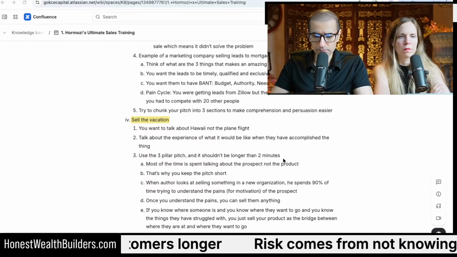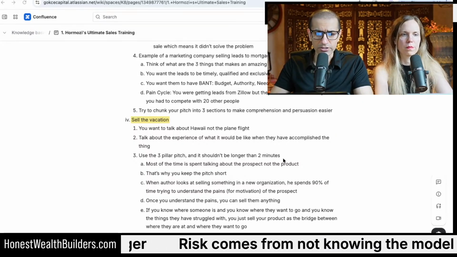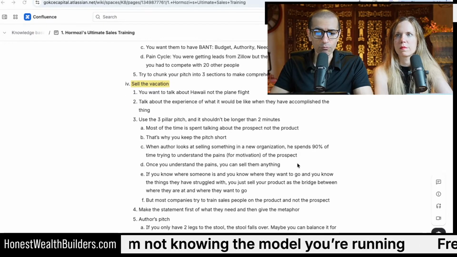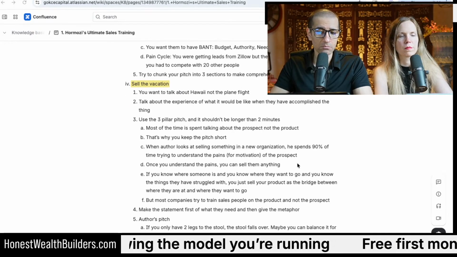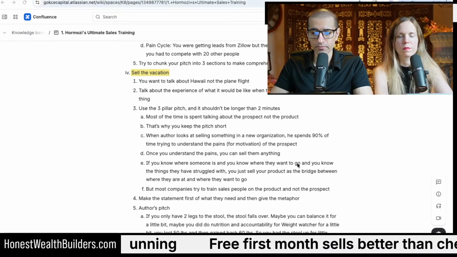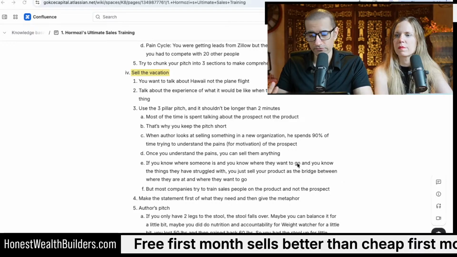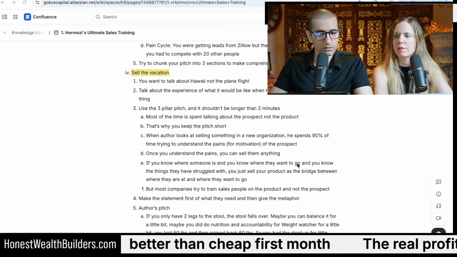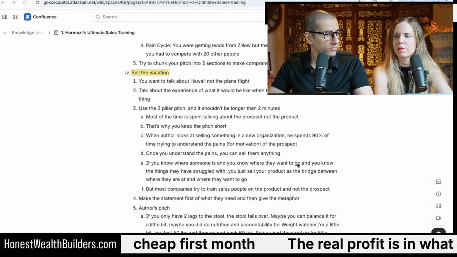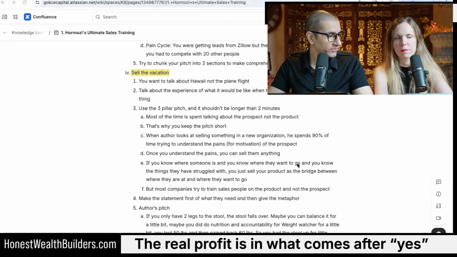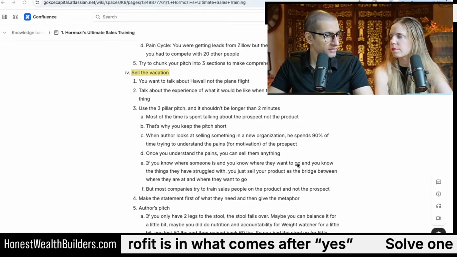Okay, so let's get into it. You want to talk about Hawaii, not the plane flight. Talk about the experience of what it would be like when they have accomplished the thing. So for example, if you're selling any piece of land, you will essentially say, once you're a landowner, you don't have to pay rent, you own something that you can pass on.